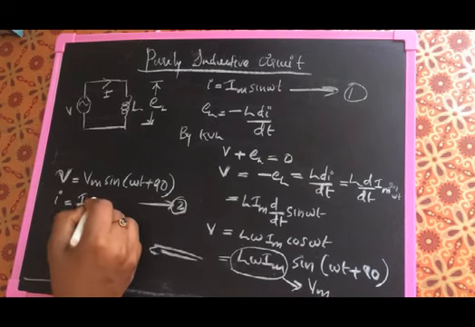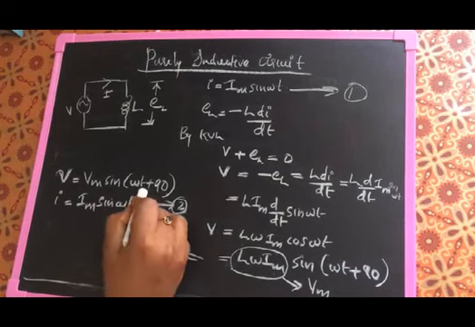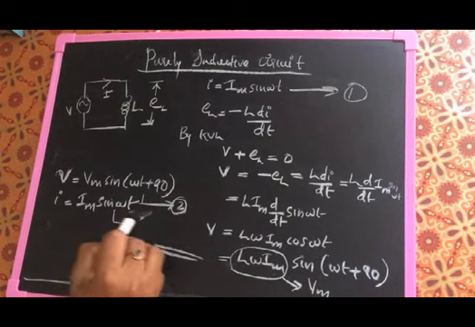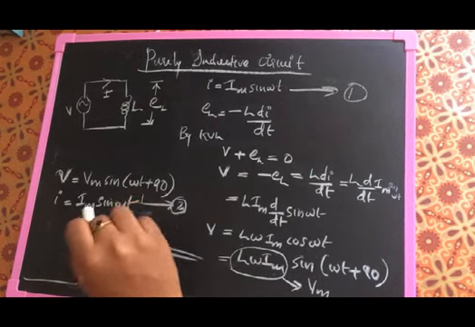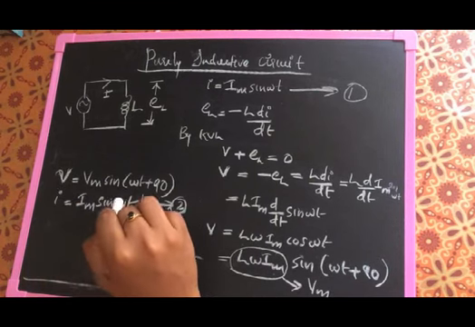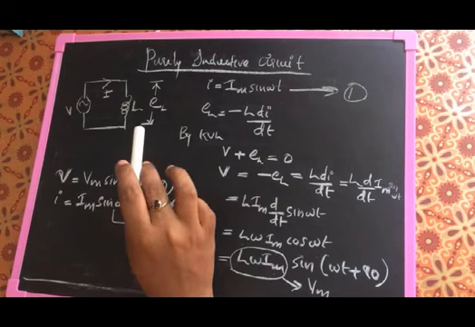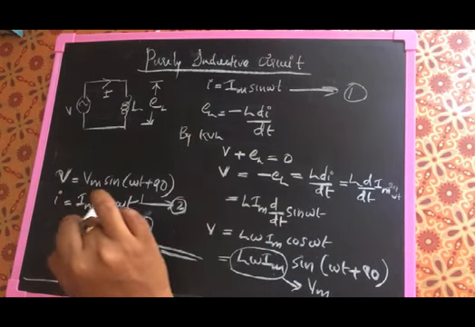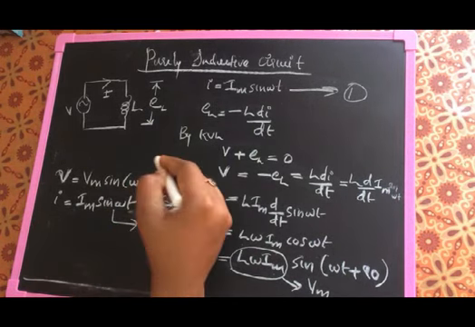By seeing both equations together, you can find the phase difference between voltage and current. In a purely inductive circuit, the voltage leads current by an angle of 90 degree because there is a plus over here.